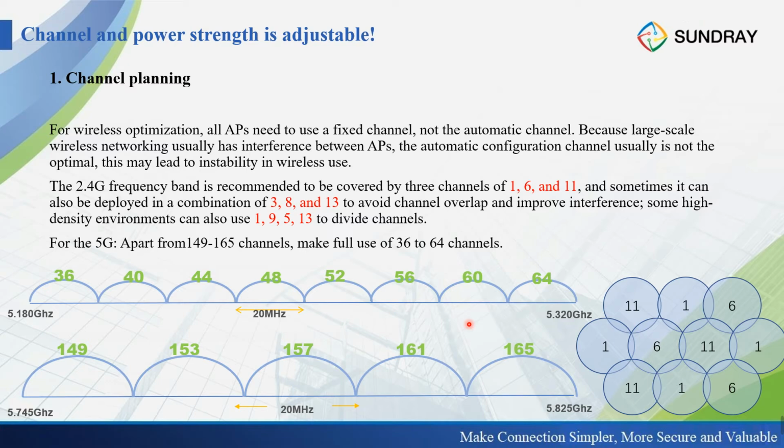For the 2.4G, we recommend using channels 1, 6 and 11, and for the 5G, we have 30 non-overlapping channels. So yearly, most of the Wi-Fi interference issues come from the 2.4G frequency.